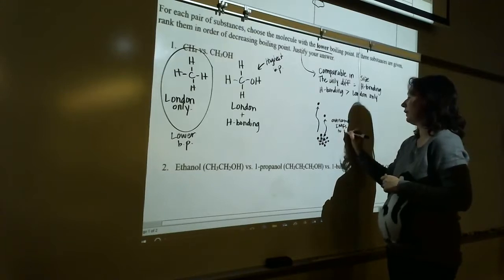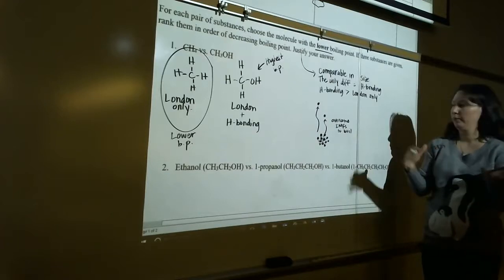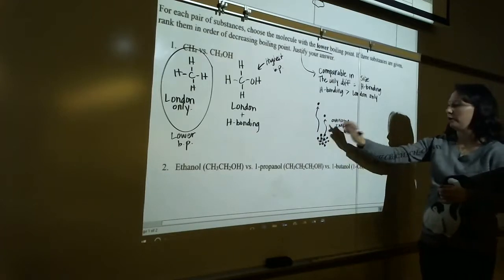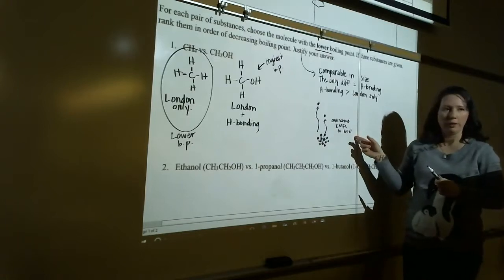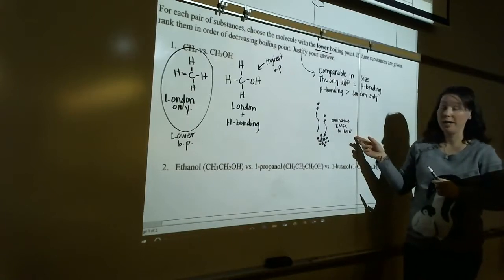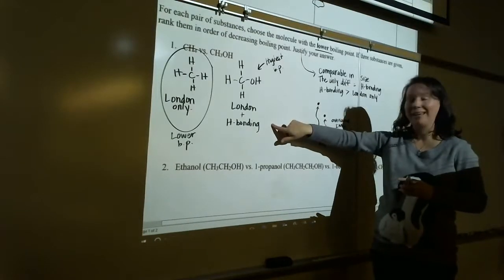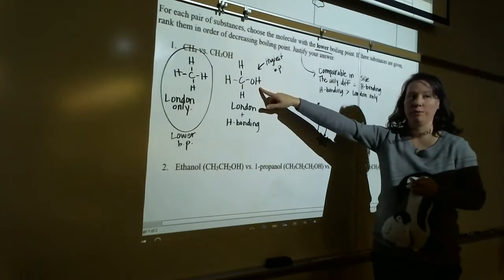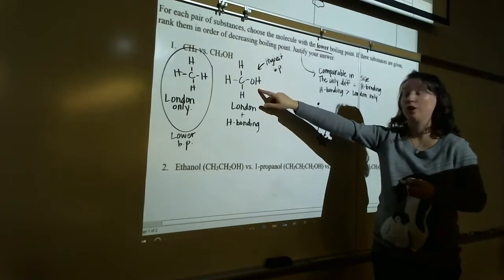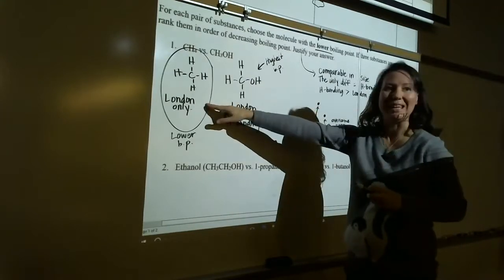Which means the stronger the IMFs, the higher the boiling point, because that's more energy you've got to put in to overcome those IMFs. But just remember, do you break bonds when you boil? Do bonds break? No. Okay, if you write, this one's got more bonds to break, I'm going to have to mark you wrong, right? Because you're not breaking a bond when you boil something. You think about this as like a stronger magnet. It takes more energy to pull a strong magnet apart than it does to pull a weak magnet apart.